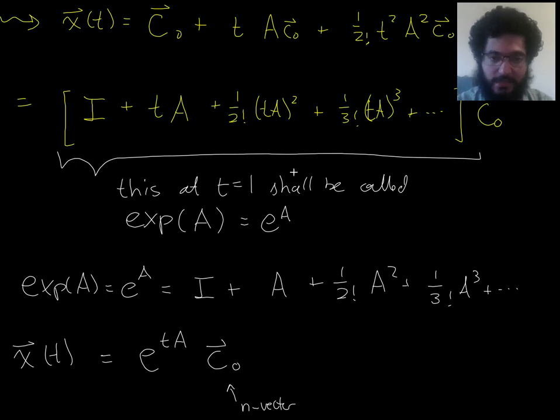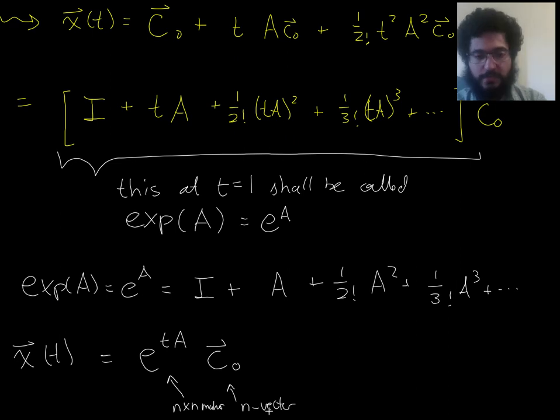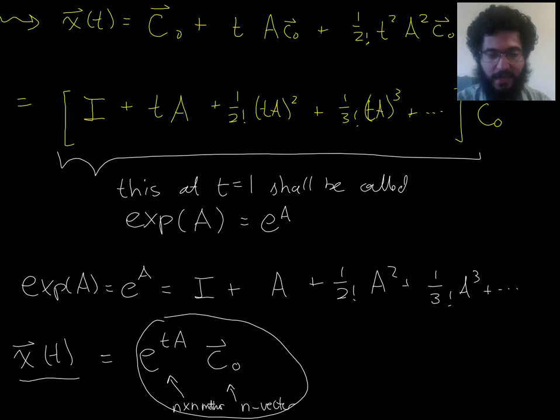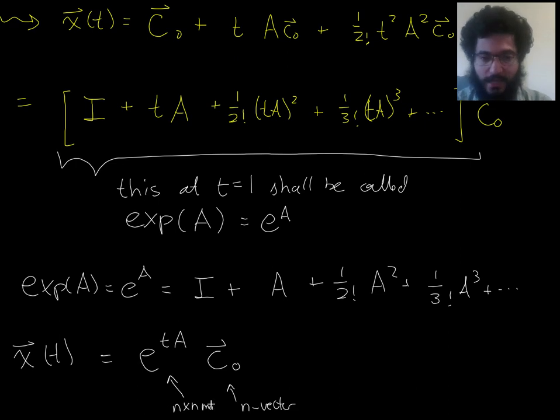So the exponential of a matrix is another matrix, an n by n matrix. So we're taking an n by n matrix and applying it to a column vector with n entries. The output should be a column vector with also n entries. That's the kind of thing x should be. So at least the types of things check out here. That's good.